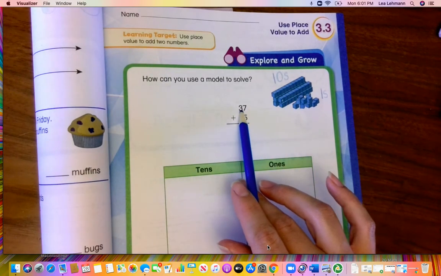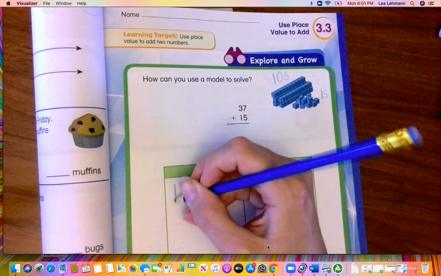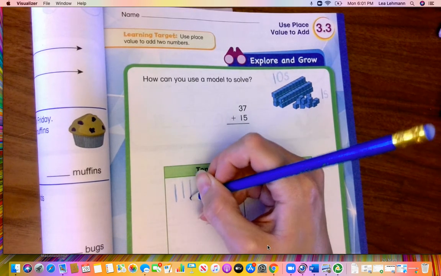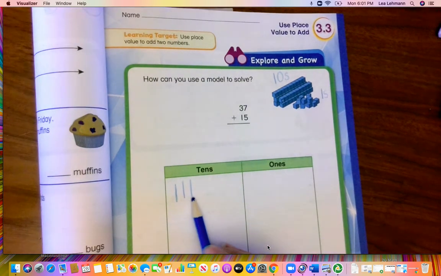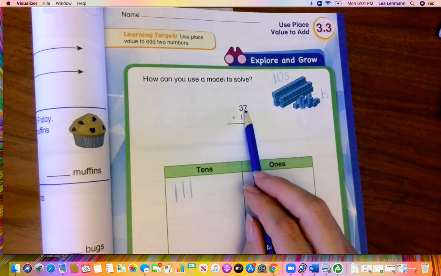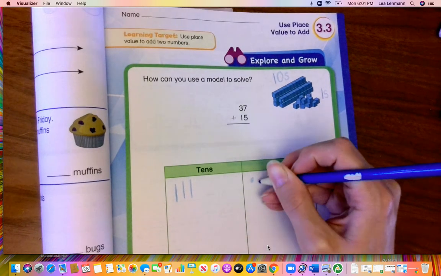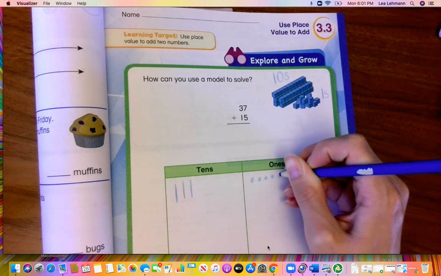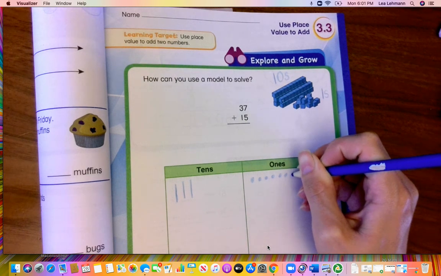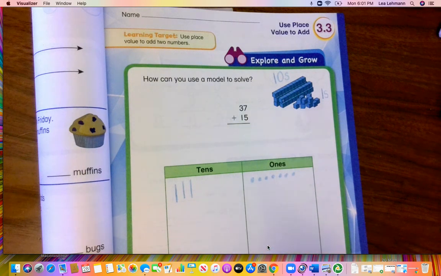I have 30 in my tens place, so let's draw 1, 2, 3. That stands for 30: 10, 20, 30. And then I have 7 in my ones place. Just circles are fine: 1, 2, 3, 4, 5, 6, 7. That's my 37.